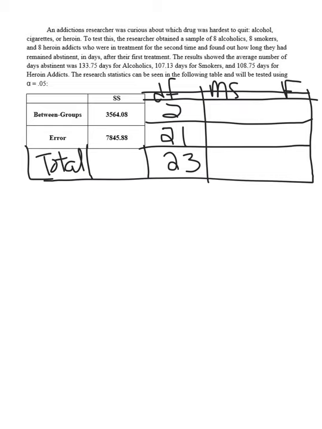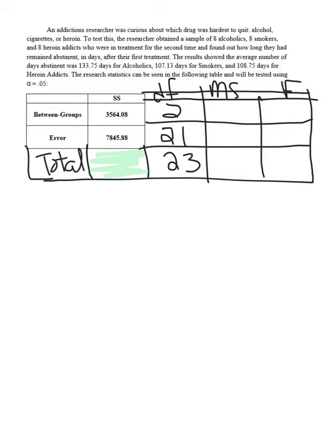Okay, so we're going to need our mean squares and our F. Now, the first thing we want to do is go ahead and get our total. What we do to get that, our sums of squares total, which is this right here, you guys get the easy way. You're just going to add your sums of squares between groups and your sums of squares error.